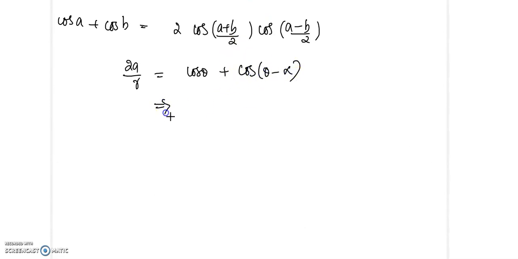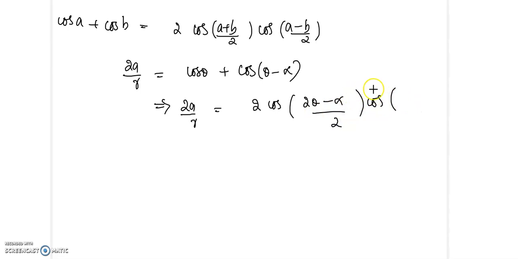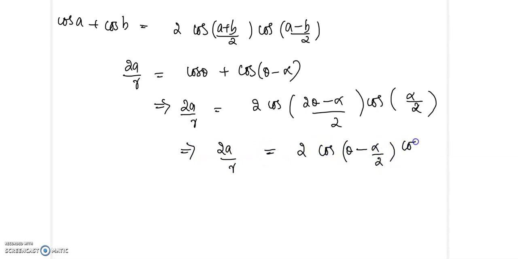That implies 2a by r is equal to 2 cos of (A plus B) by 2, which will be theta minus alpha by 2 with, and cos of (A minus B) by 2, which will be alpha by 2. So that implies 2a by r is equal to 2 cos of theta minus alpha by 2 and cos alpha by 2.